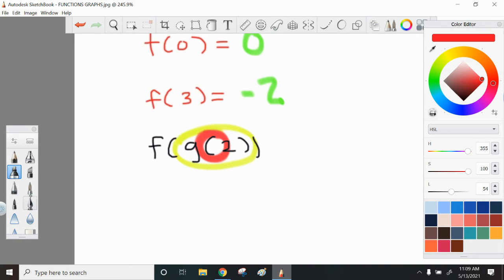And so now, if I'm going to erase this stuff, g of 2 is gone. G of 2 is 0. There you go. So now we just need f of 0. Okay, so we're working inside out. We're going to find first that g of 2 is equal to 0. And so then what we really need is f of 0.